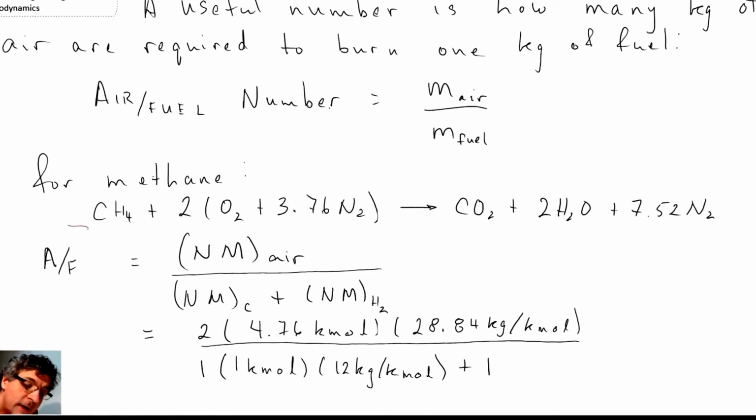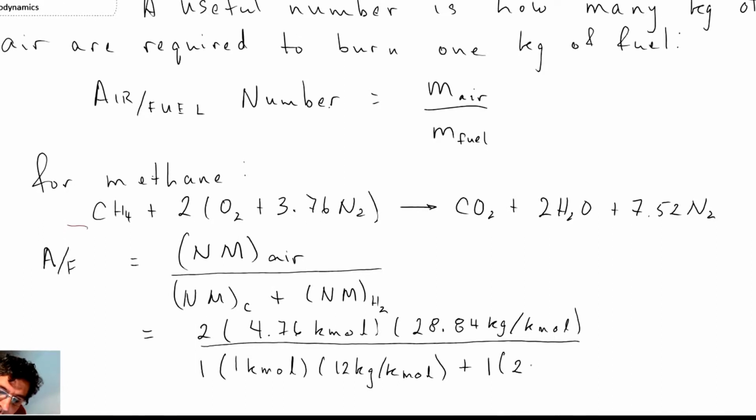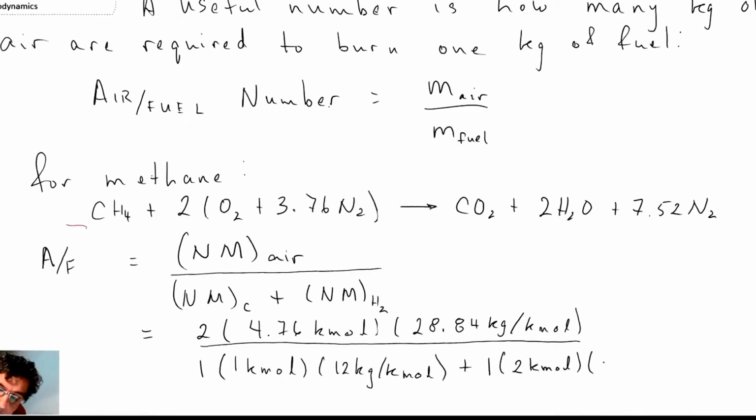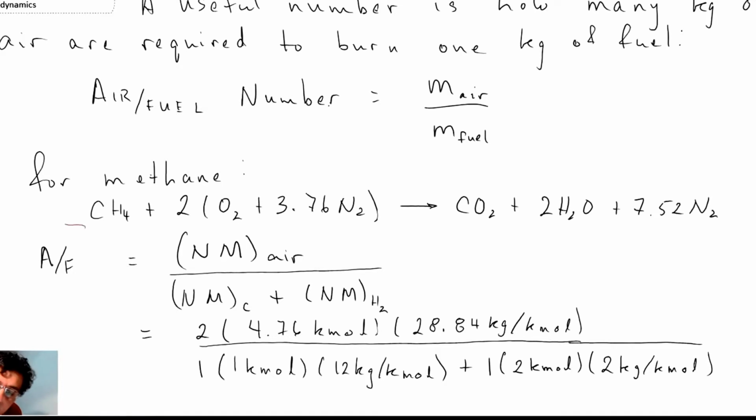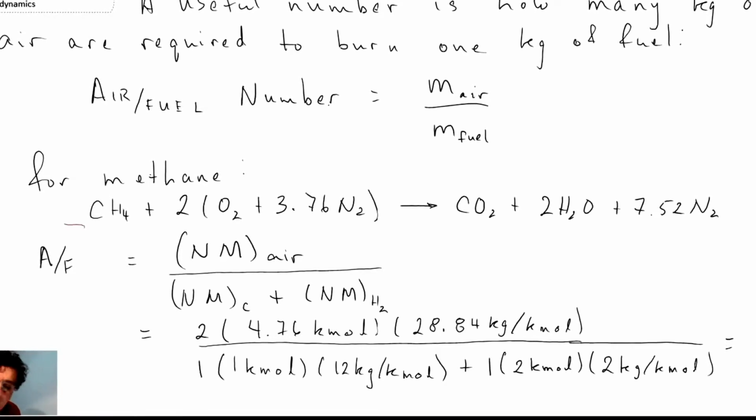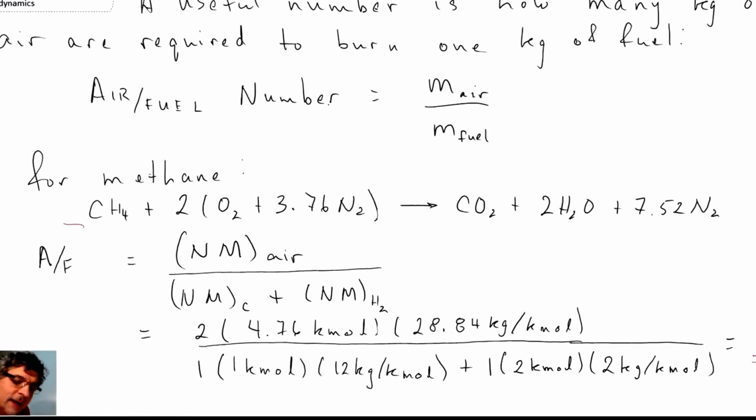There's a 1 there. And we have 2 kilomoles because we have H4, so we have 2 kilomoles of diatomic hydrogen, and the molar mass of diatomic hydrogen is 2 kilograms per kilomole. And when you go through this, you get an air to fuel ratio of 17.16, and that would be the air to fuel ratio for methane for a stoichiometric reaction.